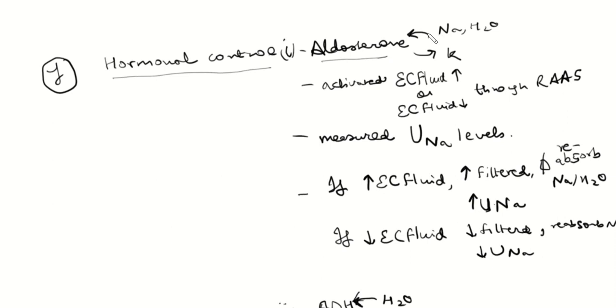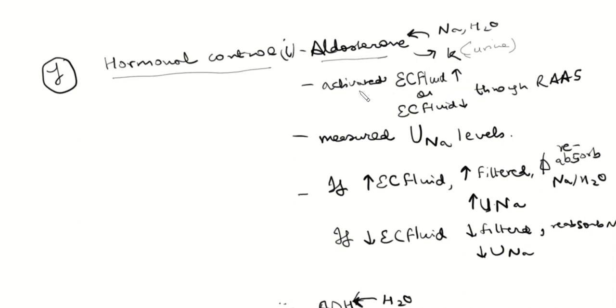What does it do? It's going to absorb sodium and water and give out potassium in my urine. Remember that? If you're not sure, watch out for my videos in the endocrine system, where I cover aldosterone and I cover ADH.